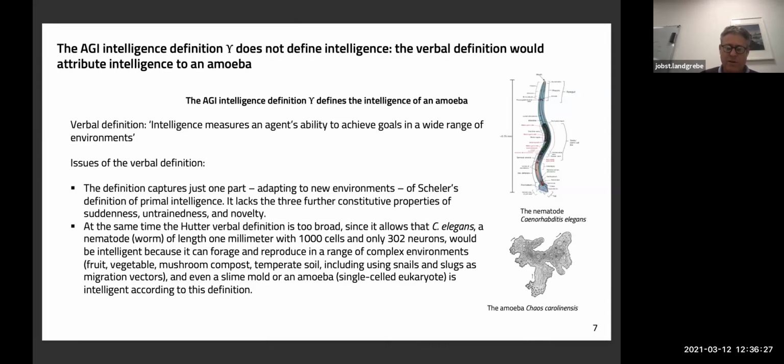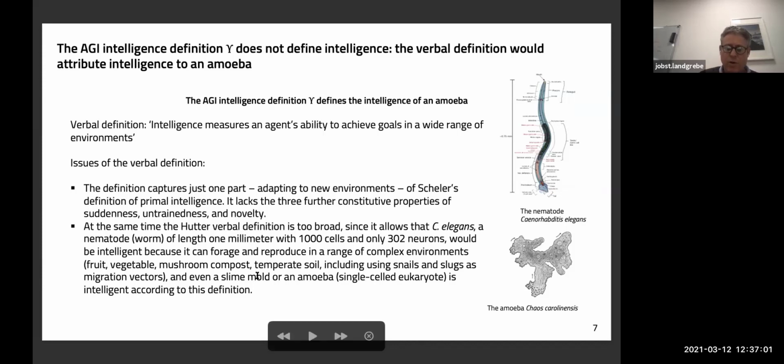It lacks three further constitutive properties of such a definition: the suddenness of the adaptation, the untrainedness of the adaptation, and the novelty of the situation. And so the definition is too narrow because animals can do more than achieve goals. They can react to completely new situations suddenly without having ever been trained for such situations. Dogs can do this, for example, or birds can do it.